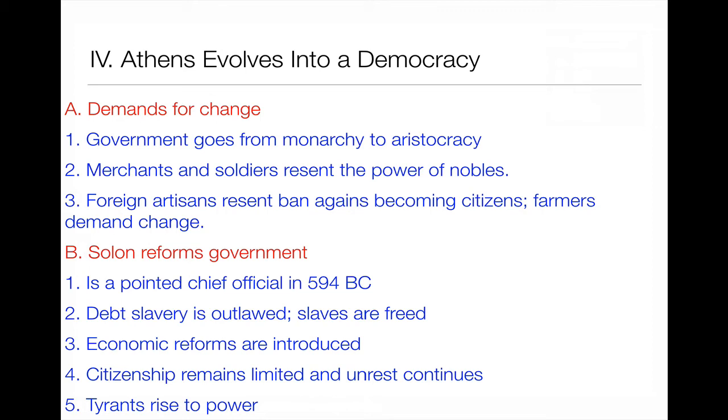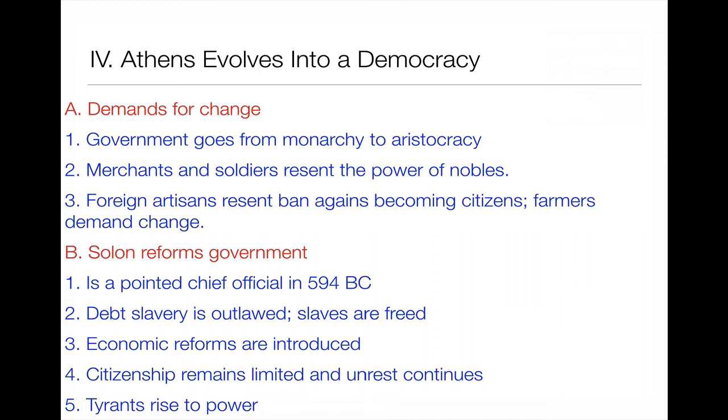He gets rid of this idea of debt slavery, and this goes back to the farmers demanding changes, because the farmers were going into such debt that they either had to sell off their farms to the nobles, or they had to sell themselves and their families into slavery to pay off the debt they owed. So he outlaws this, and all these people who once were farmers who are now slaves are set free.